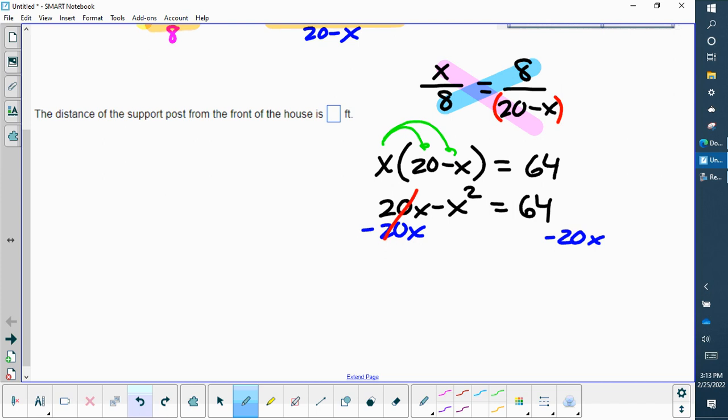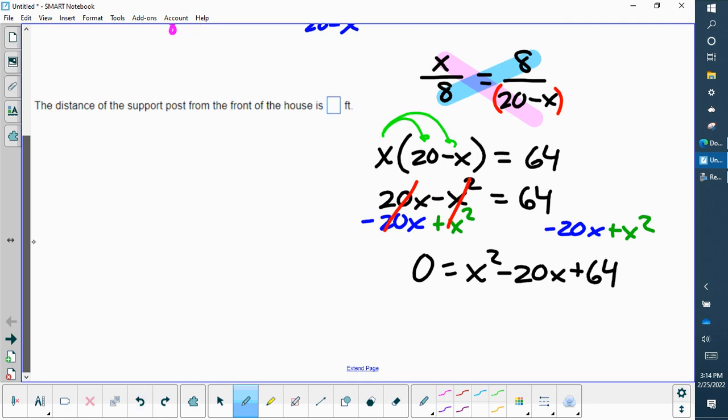At the same time, I'll add x squared, and then this goes away. And so I get 0 equals. Now I'm going to write this in proper order. I do the highest power first, so we're going to go x squared. I do the single power next. And I got this positive 64.